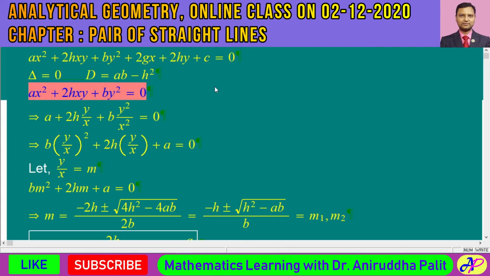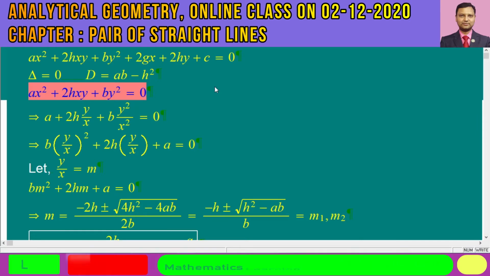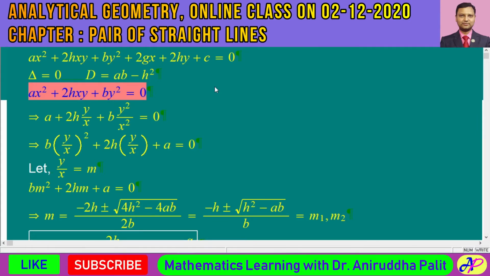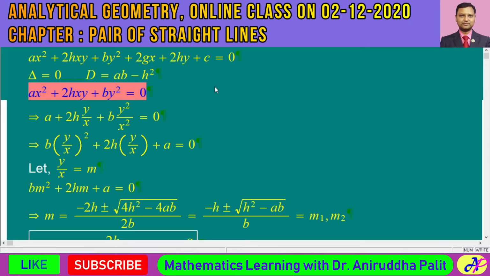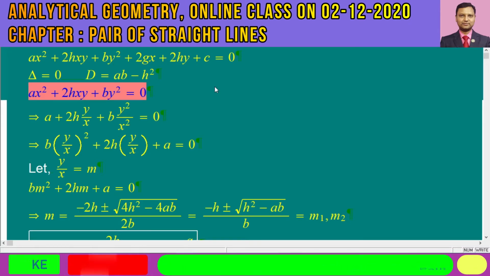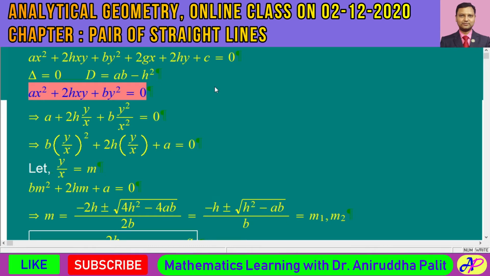We are first going to prove that this kind of expression always represents a pair of straight lines passing through the origin, whatever be the values of a, b and h. So let me draw a picture for you.